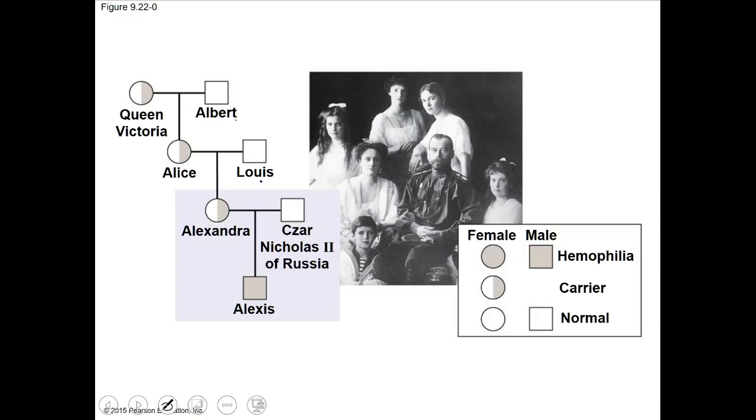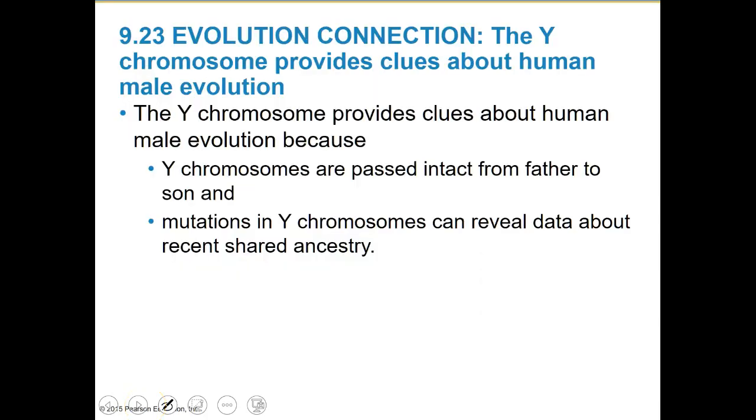Alexandra was fine, and she married Nicholas II of Russia, and when they had a baby, they had a son, Alexis, who did inherit his mother's carrying trait. This is also one of those things about why it's not a good idea to do incest, for example. Keeping those things running in families does tend to amplify the recessive traits.